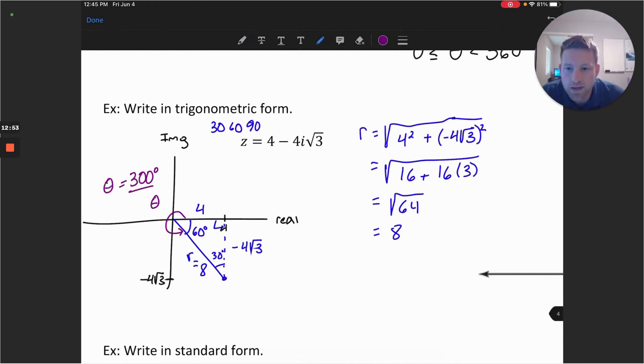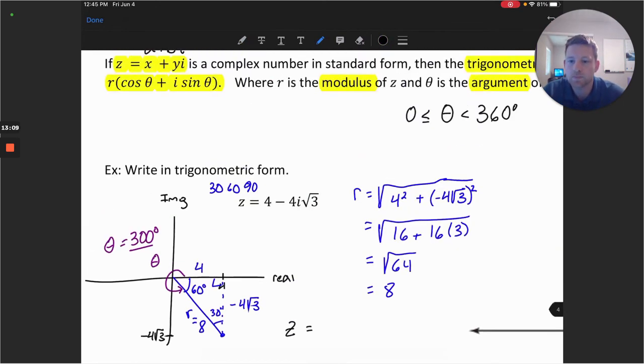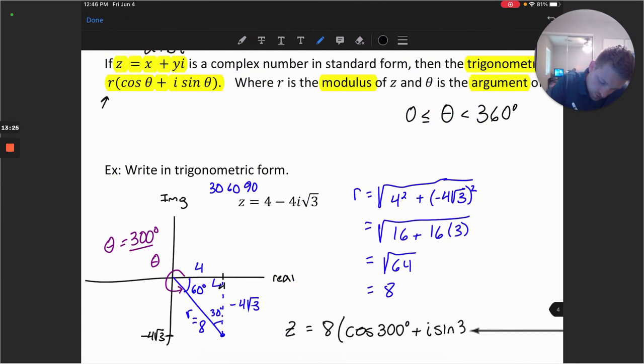And so let's rewrite this now in trigonometric form. We will have this complex number, we'll call z, is equal to, again, to write this, we want to start with the modulus. That's r, and that would be 8. So we'd say this is 8 times the cosine of our argument, which is 300, plus i sine of 300.